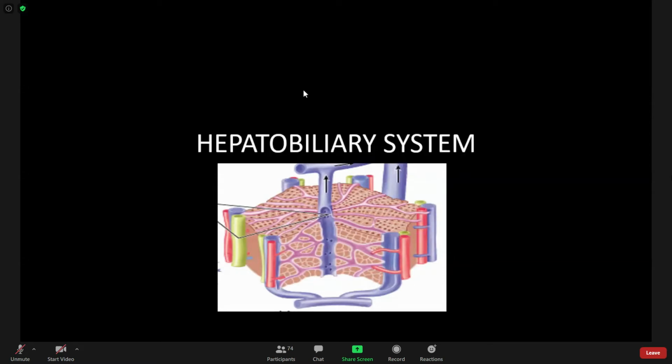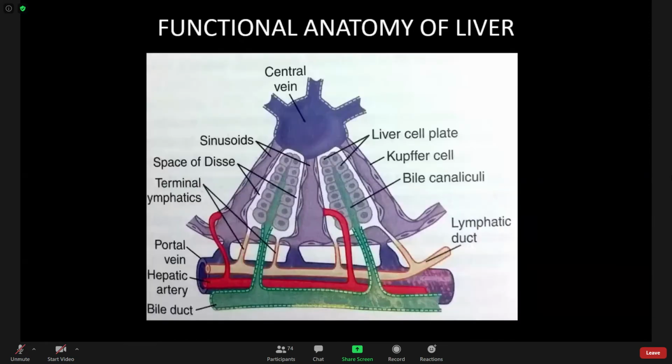One of the important questions that is always asked in your exam is the function of liver. So simply by understanding, you can jot down all the important functions of the liver. Before we study the function of liver, let us study the functional anatomy of liver.